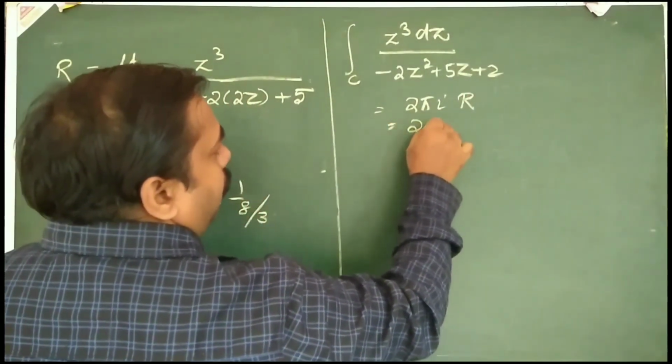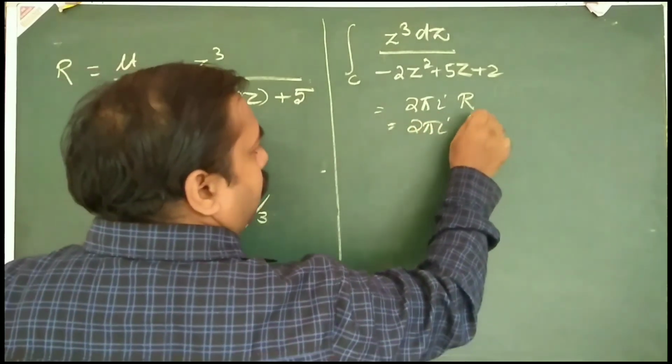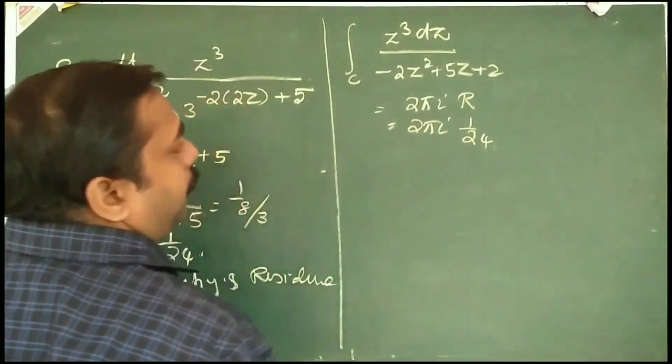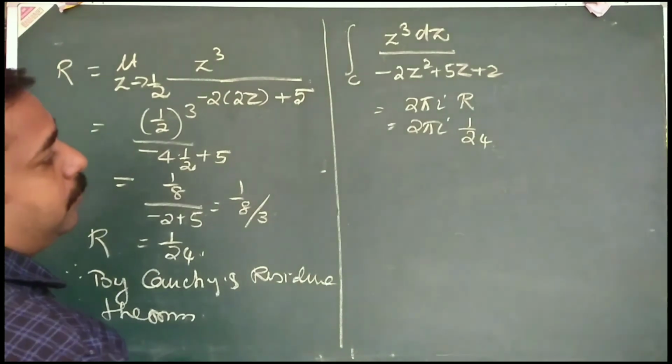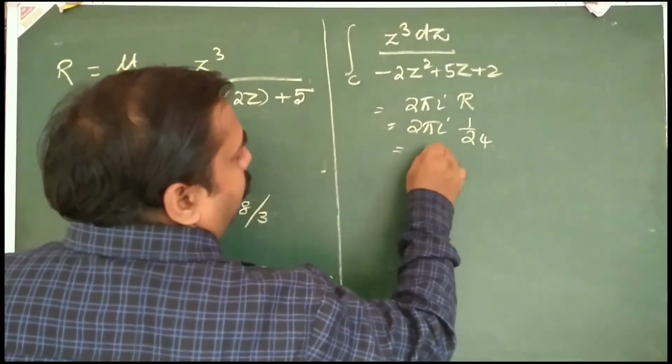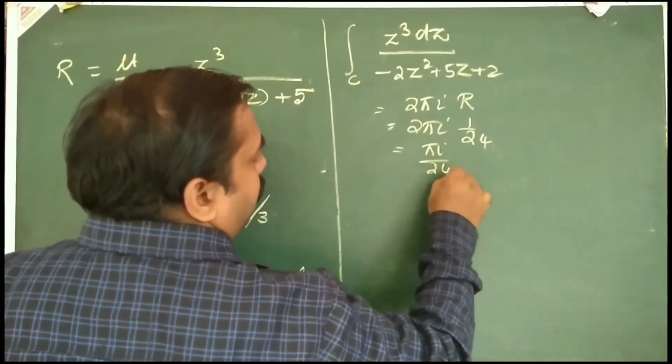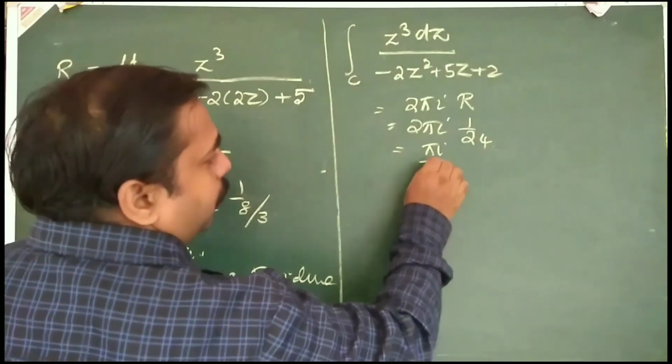So that is equal to 2 pi i into 1 by 24. So that is equal to pi i by 12.